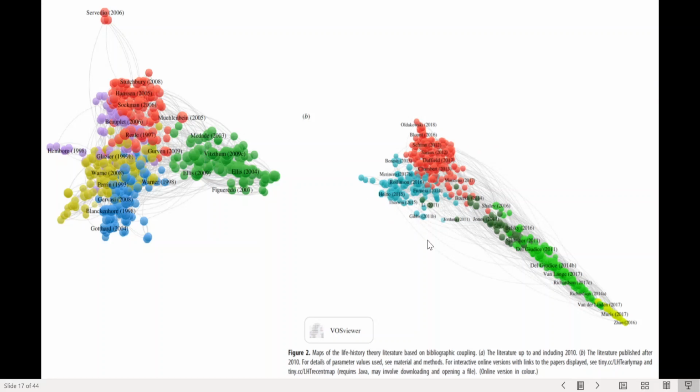And what happens after 2010 is we start seeing this kind of bifurcation where we have a continuing cluster in biology, but in psychology the life history literature becomes somewhat distinct.